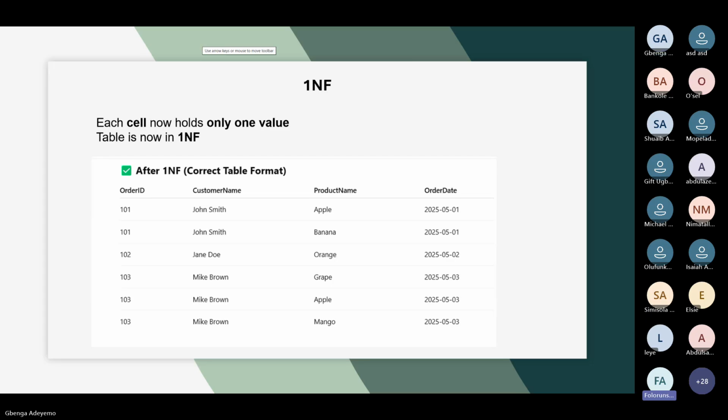In this context, we might not really say that it's redundant, because what 1NF is telling us is just that we have atomic values on each row, which we have already achieved here. But whether it's redundancy or not is not what 1NF is addressing. I think Isaiah's hand is up. Maybe you want to add or remove.